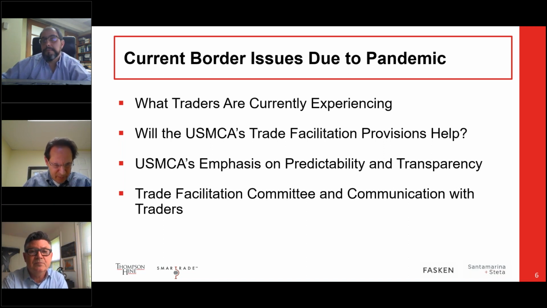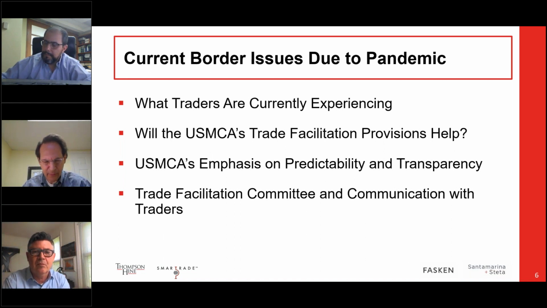Well, there are requirements to submit documentation electronically, and to allow the documentation to be submitted electronically, and presumably that means less time at the border itself. There are provisions that deal with managing risk and using trusted trader programs.